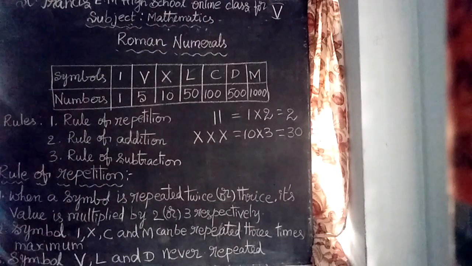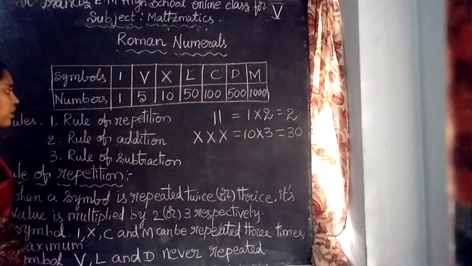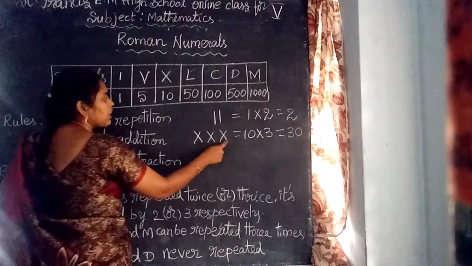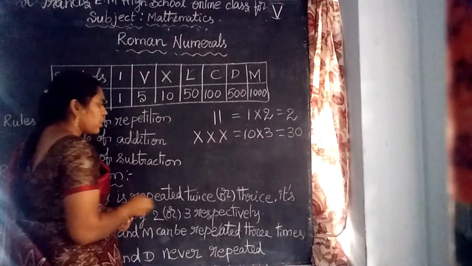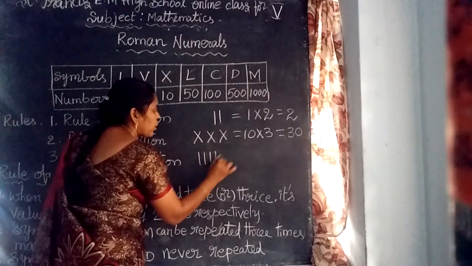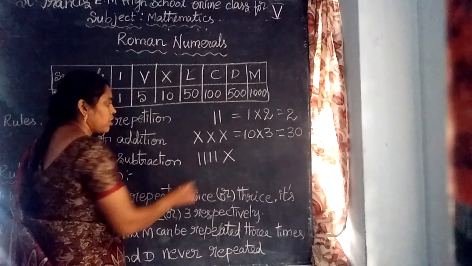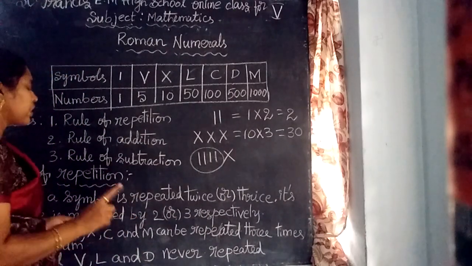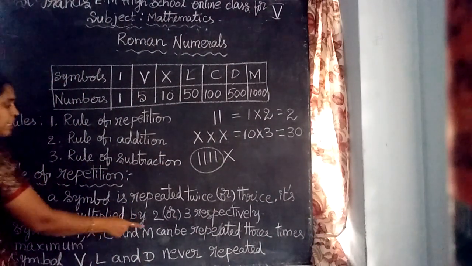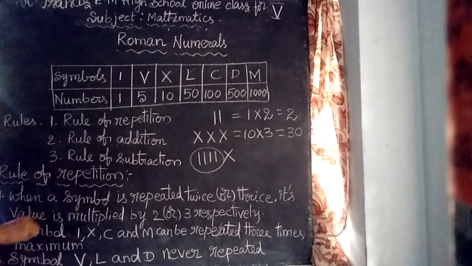Listen carefully. Out of the 7 symbols, I, V, X, L, C, D, M, the symbols I, X, C and M can be repeated 3 times maximum. See, X repeated 3 times, I repeated 2 times. It will not be repeated 4 times. This is wrong. Clear, children? These 4 symbols can be repeated 3 times.